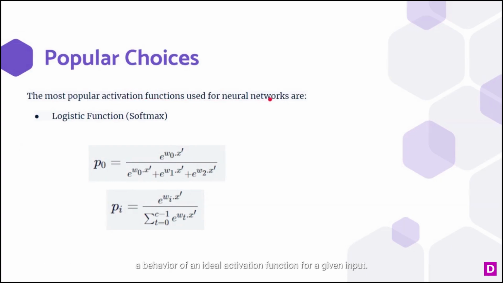For a given input, if there is a definite, predictable output, for example 5 as an input giving 5 as an output, or some linear dependency between the x and y values, that would not be an ideal characteristic of an activation function.